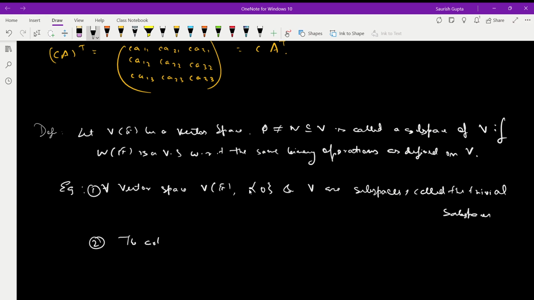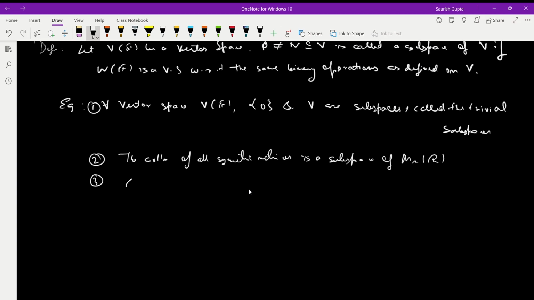The immediate example we worked out previously, the collection of all symmetric matrices, is a subspace of M n R, right? The other examples: we can consider Q over Q, it's a subspace of R over Q, because we need to keep the field the same, right?